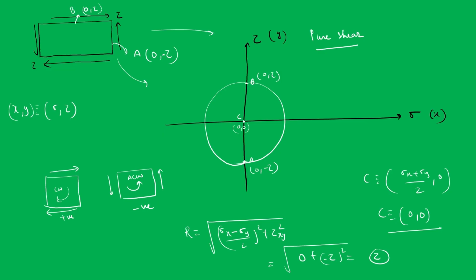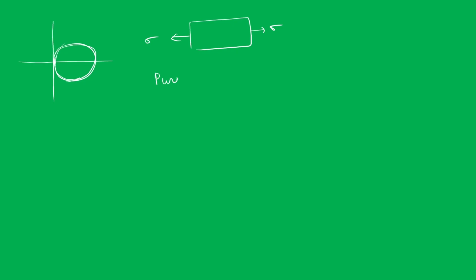Earlier we have seen this particular Mohr circle, which is touching the y-axis, and we have seen that there is only one type of normal stress. This is called the case of pure bending.